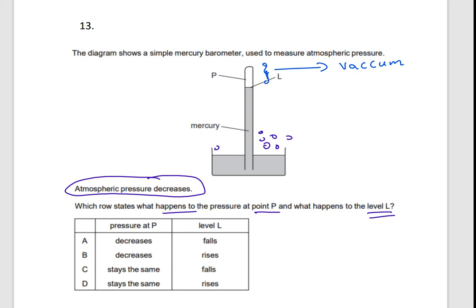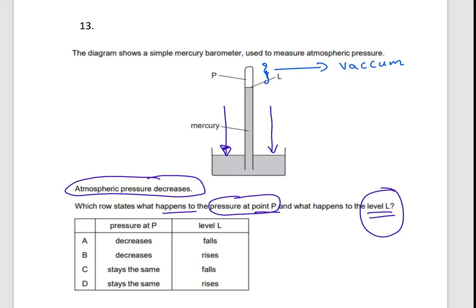When the pressure decreases, what do you think will happen to the level L? So they're talking about two things: pressure at point P and the level L. What happens to level L? Number one, initially the pressure was greater.